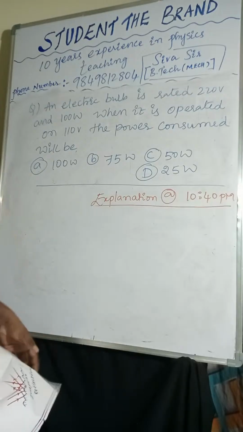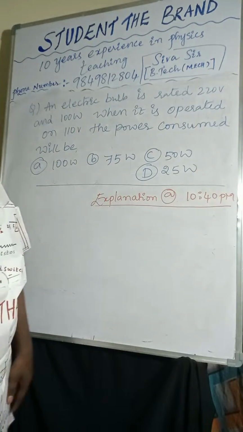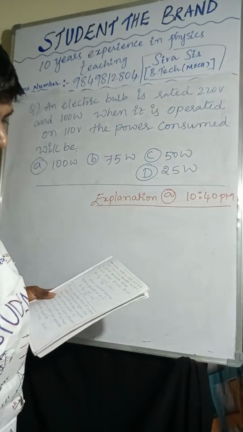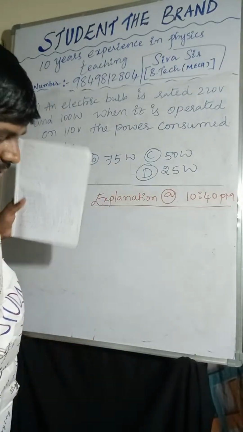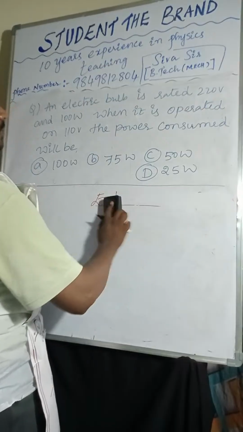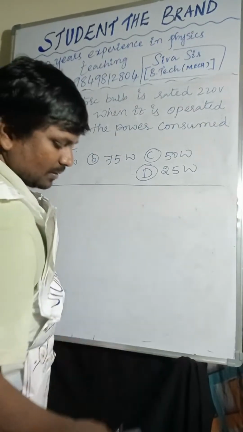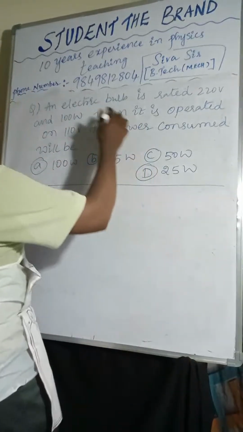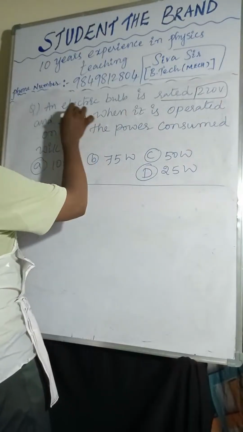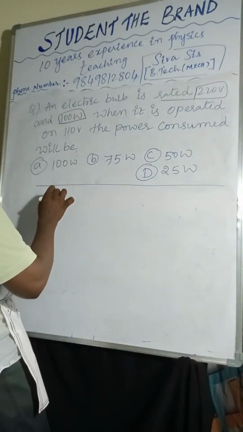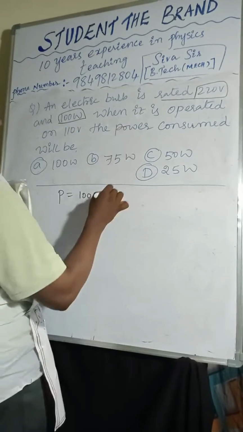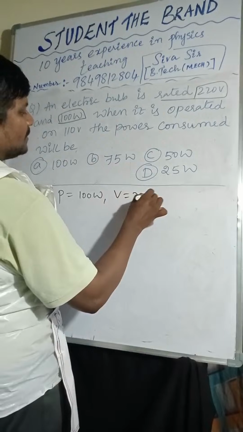Okay, so in this problem you can observe one thing. The electrical bulb is rated. Rated they have given means power is given as 100 watt and the voltage is given as 220 volts.